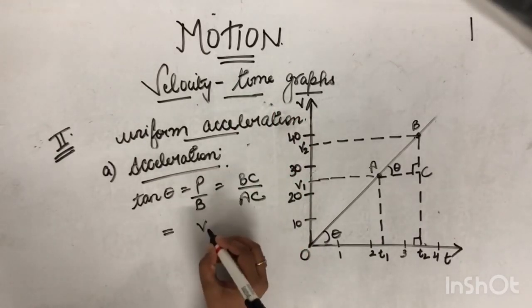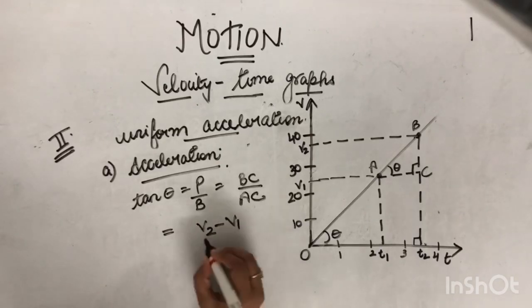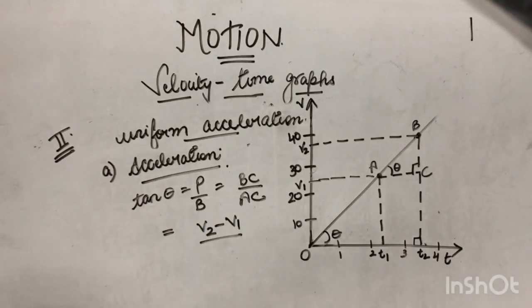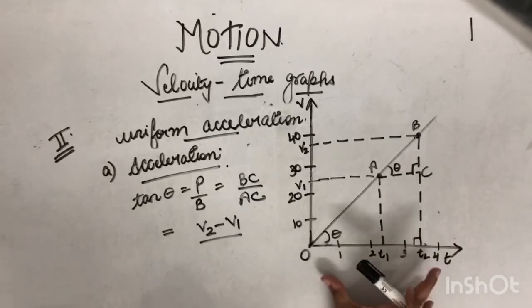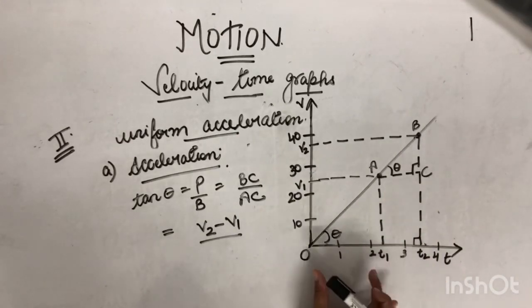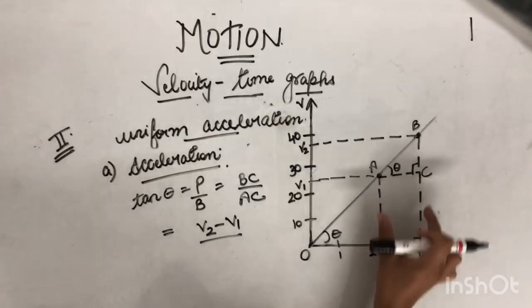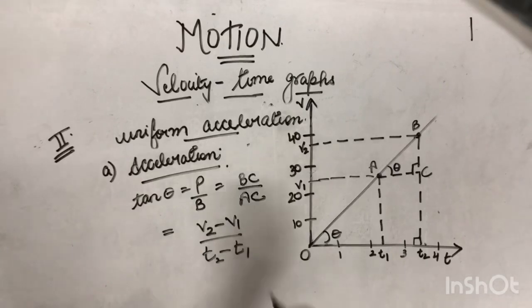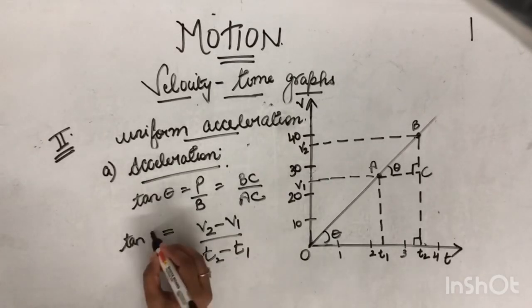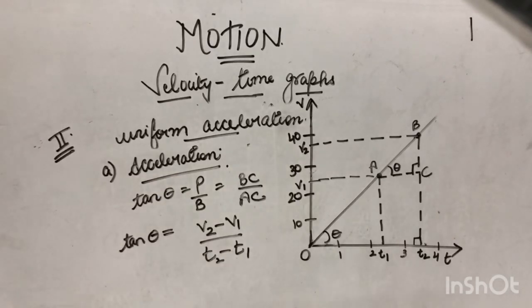So tan theta is V2 minus V1 upon AC. Now AC can be written as: this whole is T2 and this one is T1, so this portion is T2 minus T1. So tan theta is equal to V2 minus V1 upon T2 minus T1.